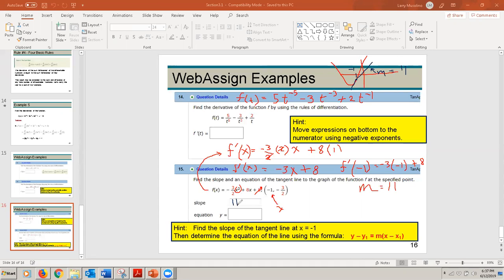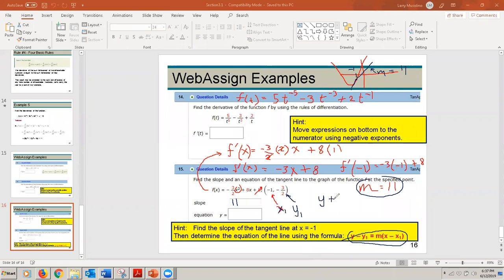Of course, that's a straight line, so we can use this formula, y minus y1 equals m times x minus x1. Here's the x1 they gave us, and here's the y1 they gave us. We know m is 11, so let's go ahead and plug in. So it's going to be y minus a negative 3/2.